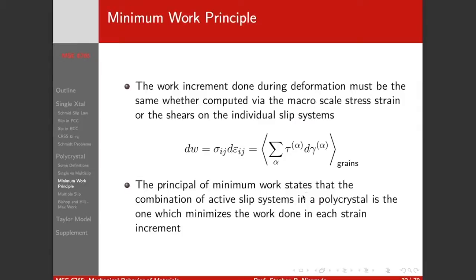Okay, so this says the work. This is the applied stress and the applied average strain, or this is the resolved shear stress on slip system alpha times the shear increment, and I do an ensemble average over all of the grains. Whether I do this, these two have to be the same. That's just physics, just energy balance.